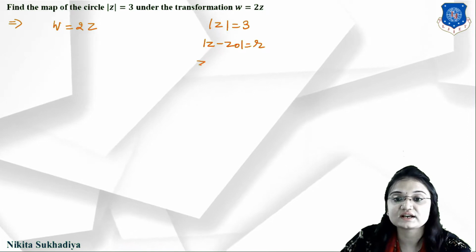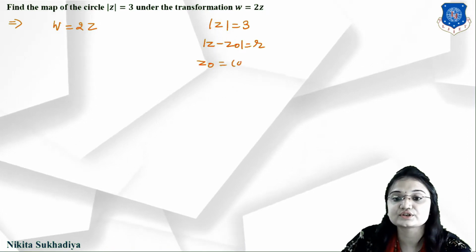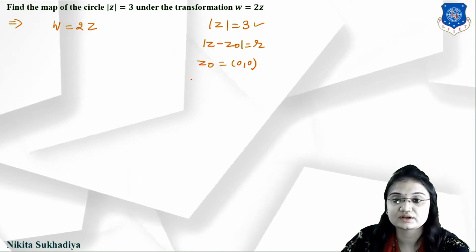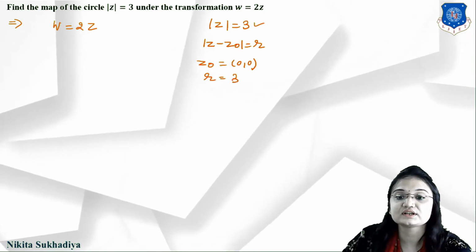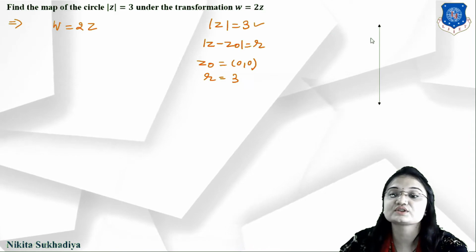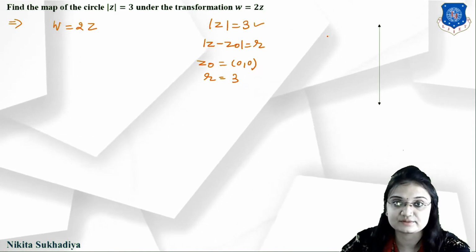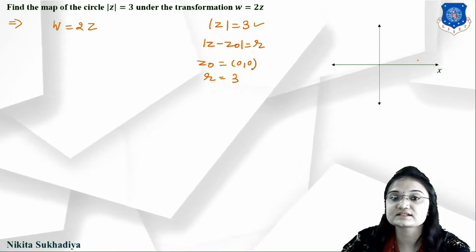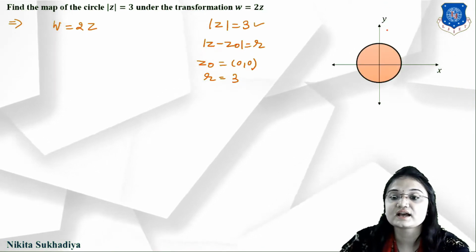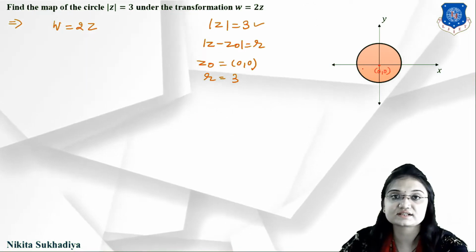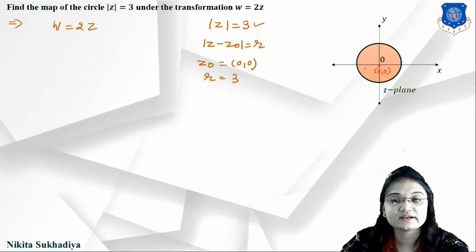So z0 is 0, 0 and r is equal to 3, that is the radius. This is the representation of modulus of z is equal to 3 in the z plane: this is the x axis, here we have the y axis, and this is the center point 0, 0 with a circle of radius 3 in the z plane.